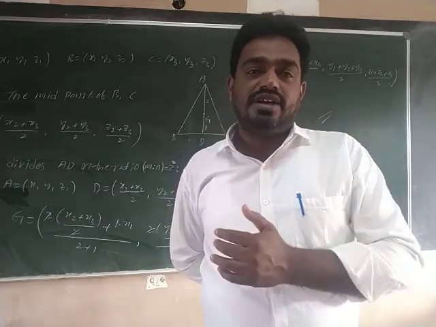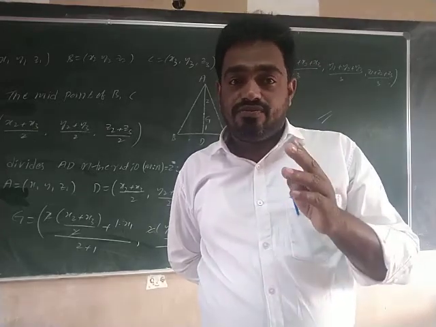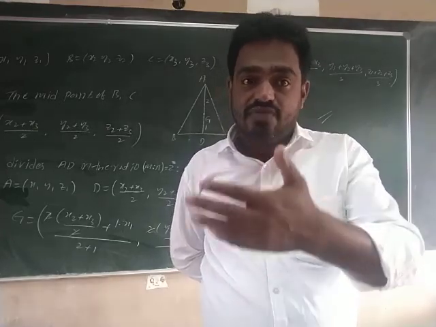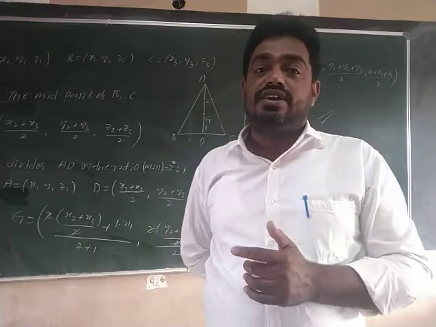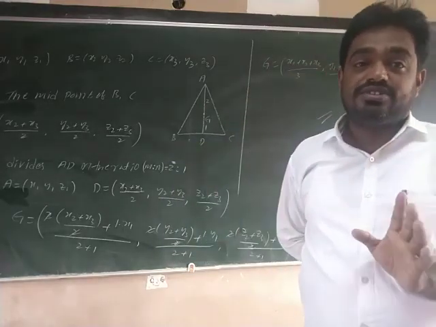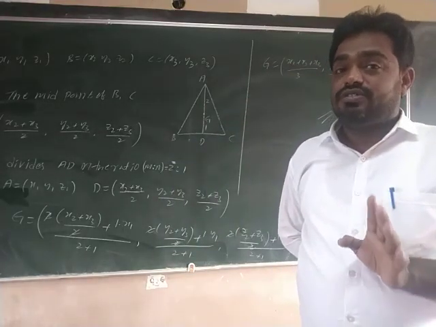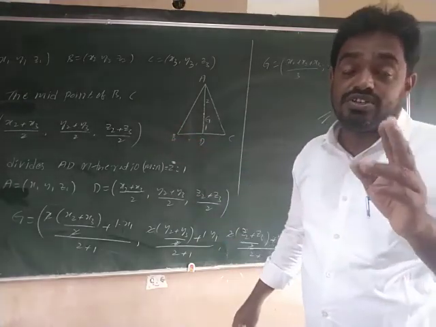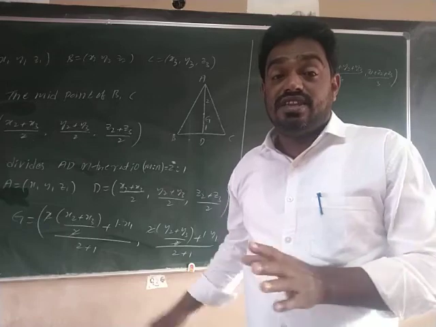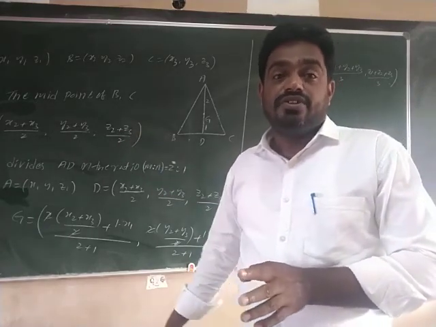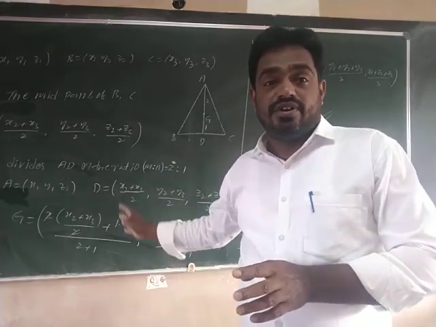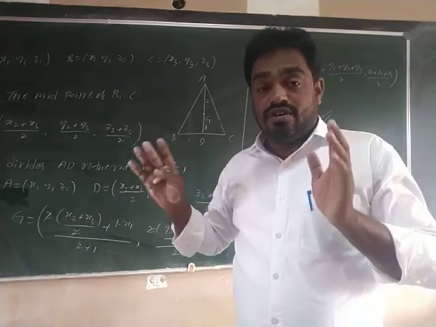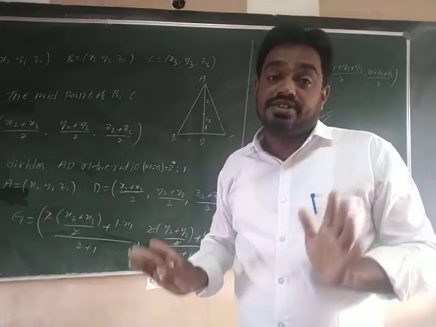On these parts they ask questions, so half of the one third, that is one sixth of the questions, come only from three-dimensional geometry. So from this chapter we can easily expect one or two questions, minimum two. This is very important for competitive exams. You have to remember all the formulas and concepts.